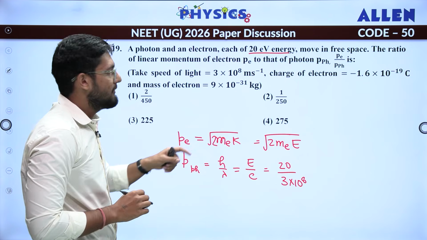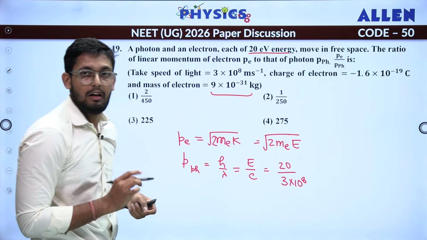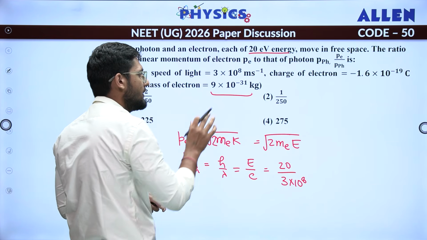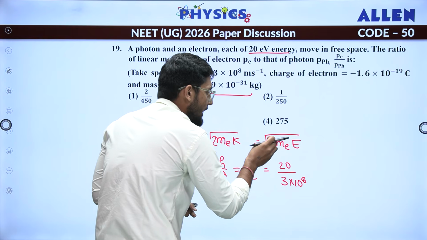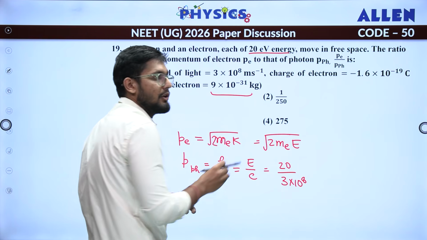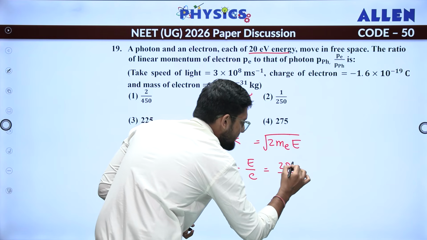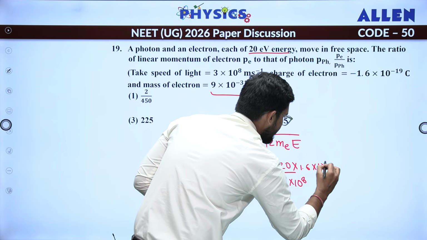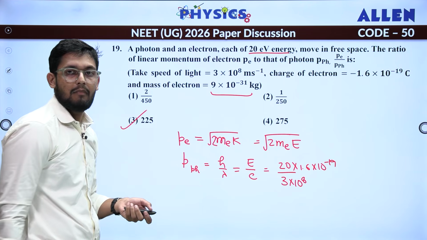Keep this in mind: when you use the values given to you in kg, remember to use the energy in joules, because if you are using everything in standard units, you need to use the energy also in the standard unit, and the standard unit of energy is joules. So this will be 20 times 1.6 into 10 to the power minus 19. When you solve it, you'll get the third option as the answer.